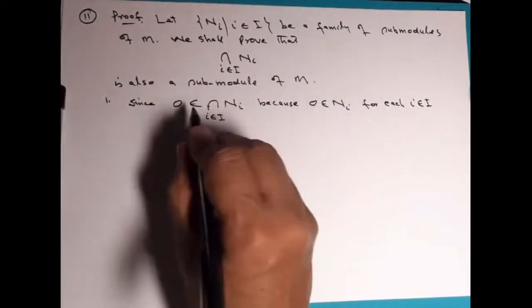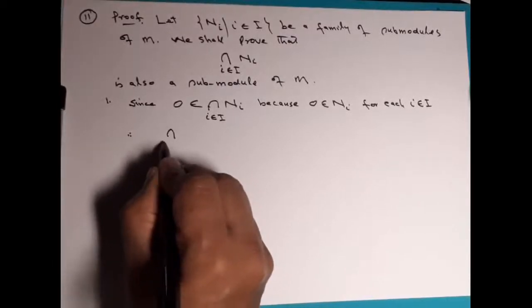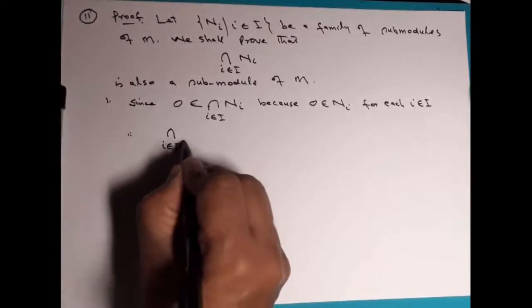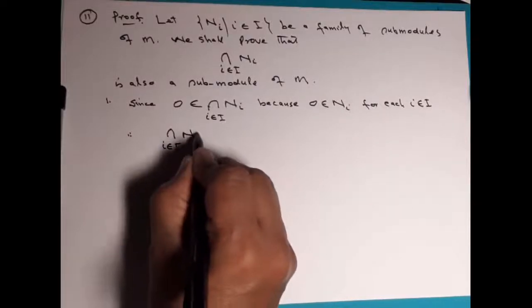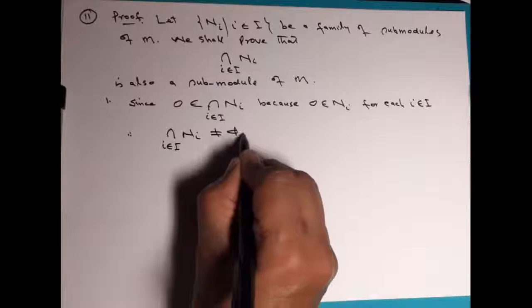So 0 belongs to the intersection of all these submodules. Therefore, this intersection is non-empty because the 0 element is there.